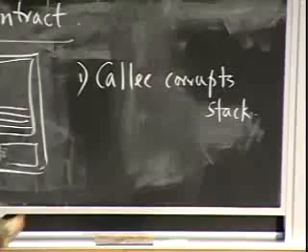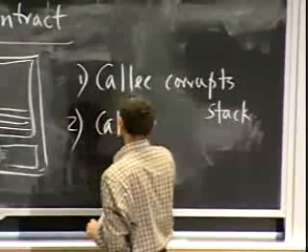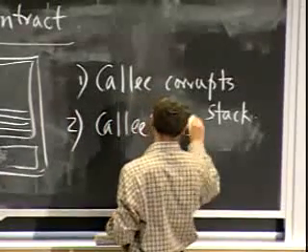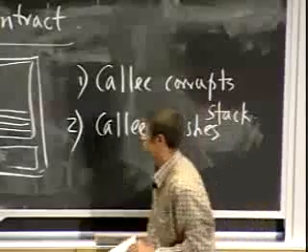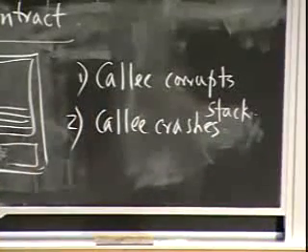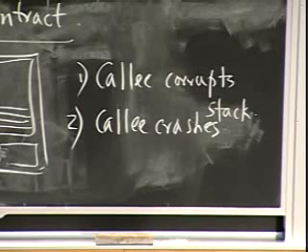Another problem is that the callee crashes. For instance, there's a divide by 0, or there's some other violation that causes the callee to crash, and then the caller comes crashing down as well.